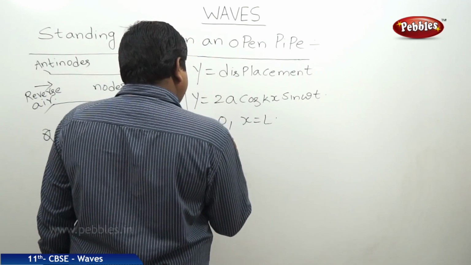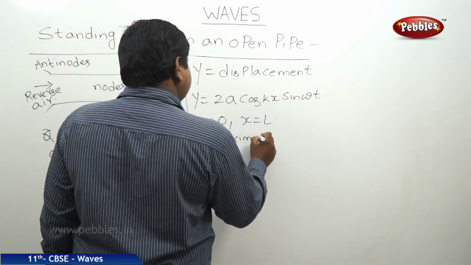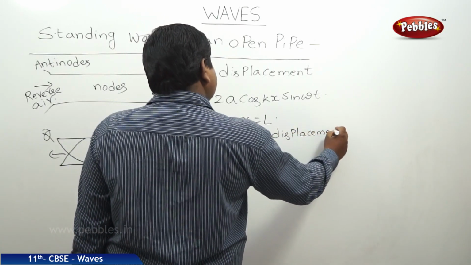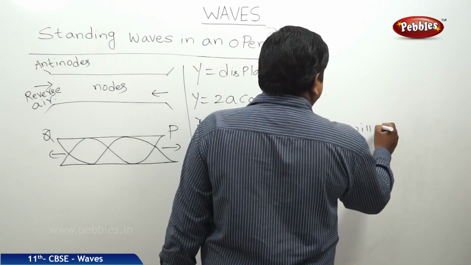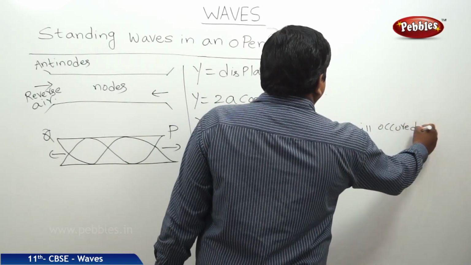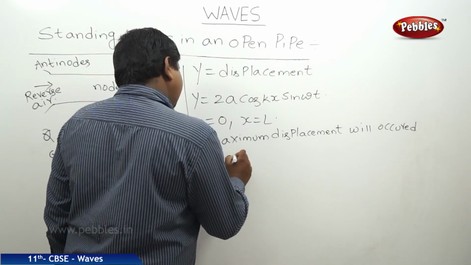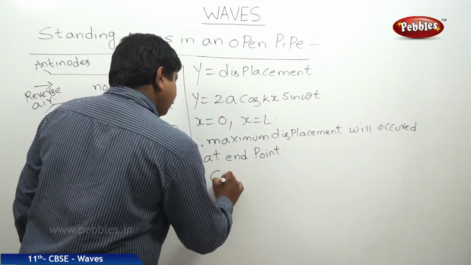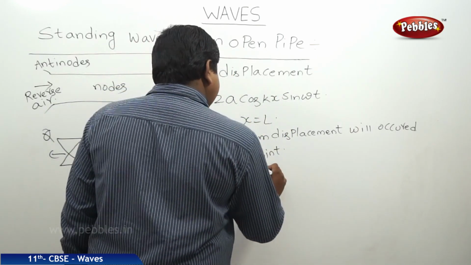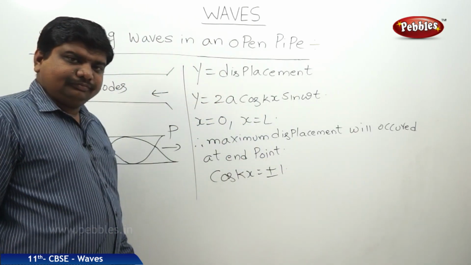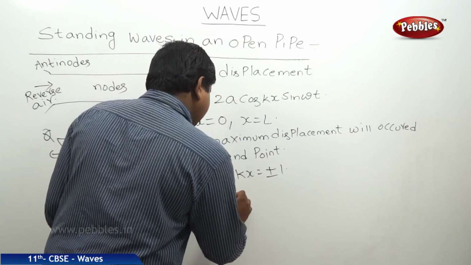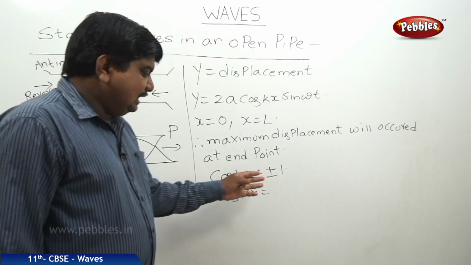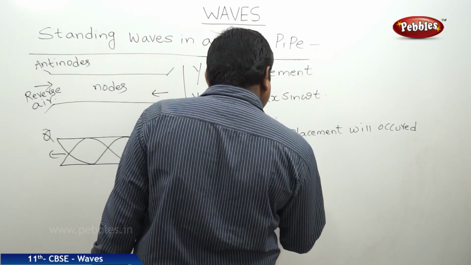Therefore, maximum displacement will occur at endpoints. Therefore, cos kx is equal to plus or minus 1, which means cos kx is a function of cos n pi.